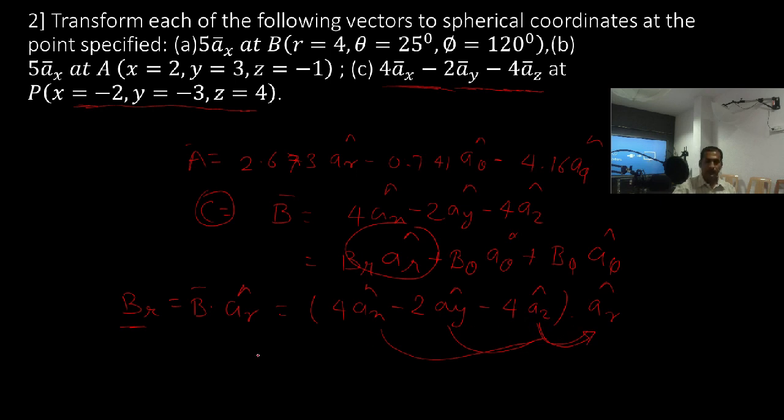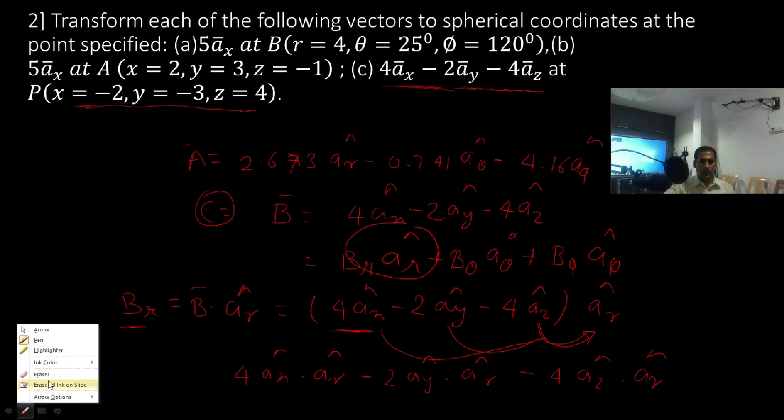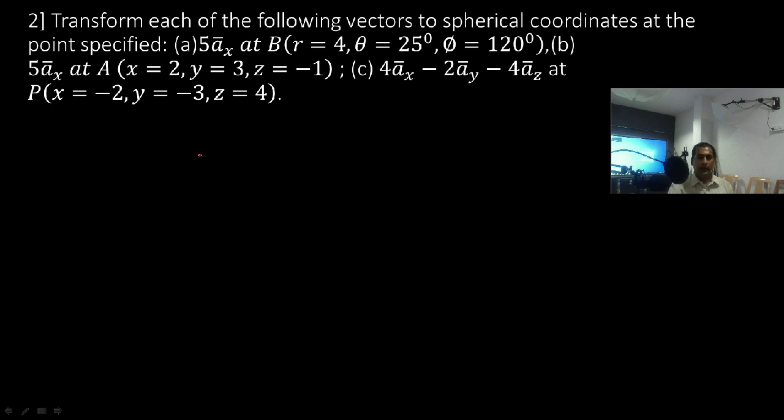We will get 4ax cap dot AR cap minus 2ay cap dot AR cap minus 4az cap dot AR cap. You can try it yourself. Here I am writing the solution for this. We'll get 4 sin theta cos phi minus 2 sin theta sin phi minus 4 cos theta. So this is for BR.